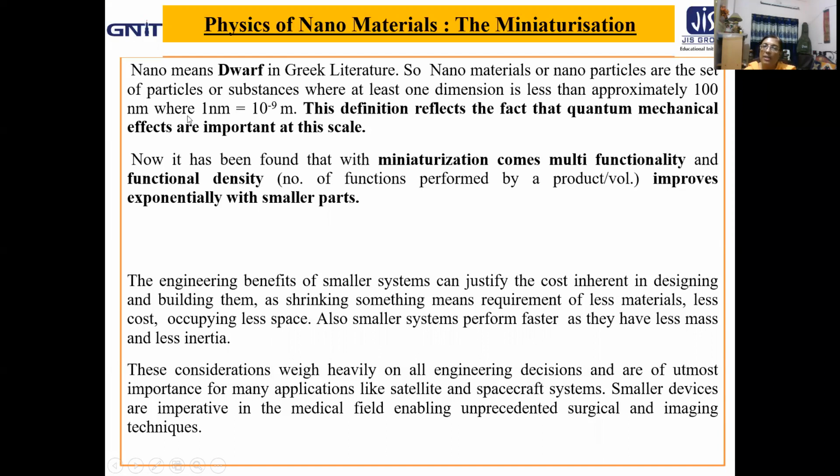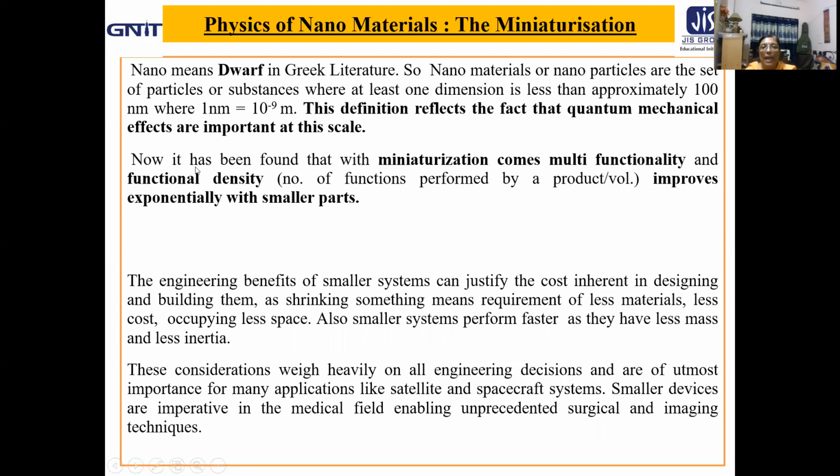If we get that, then we can say that these substances come under the category of the nano range, where I already mentioned 1 nanometer means 10 to the power minus 9 meter. Definitely, this definition reflects the fact that quantum mechanical effects are important at this scale.